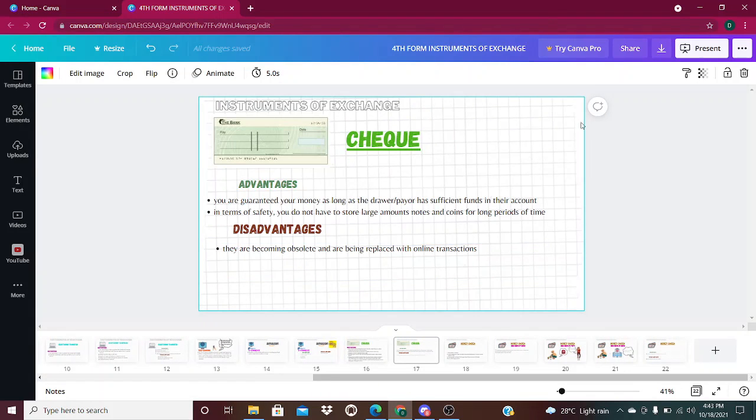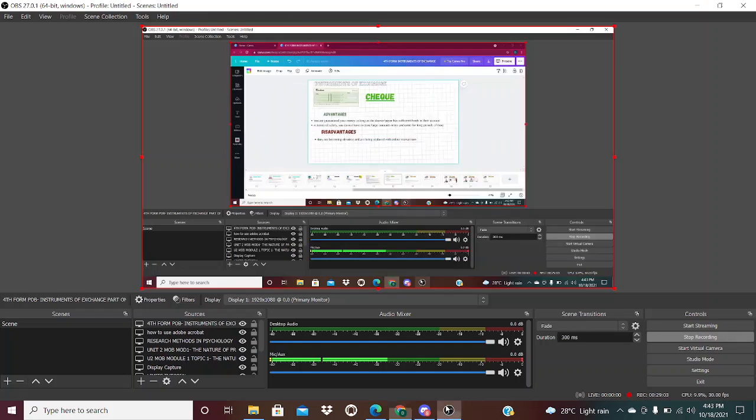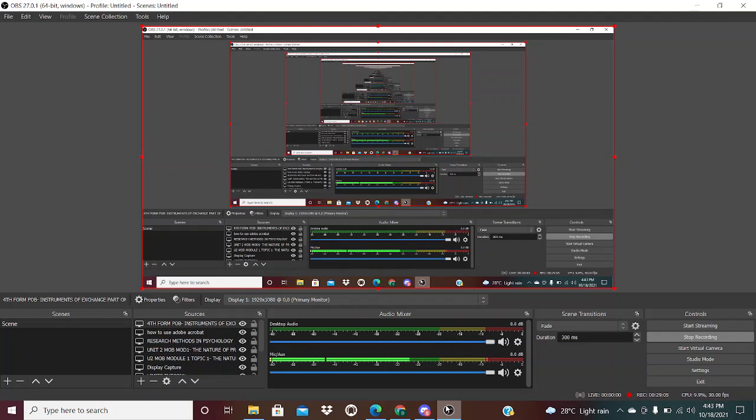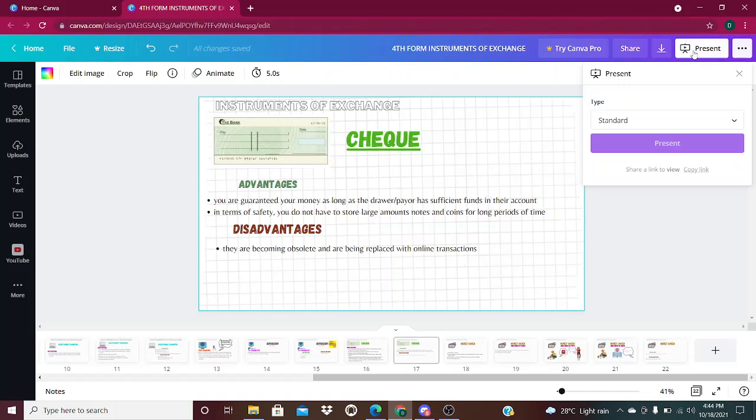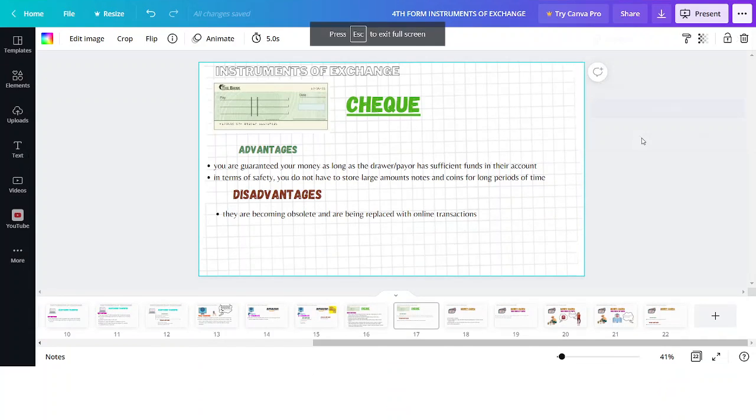And the last one that we will be looking at today would be a money order.